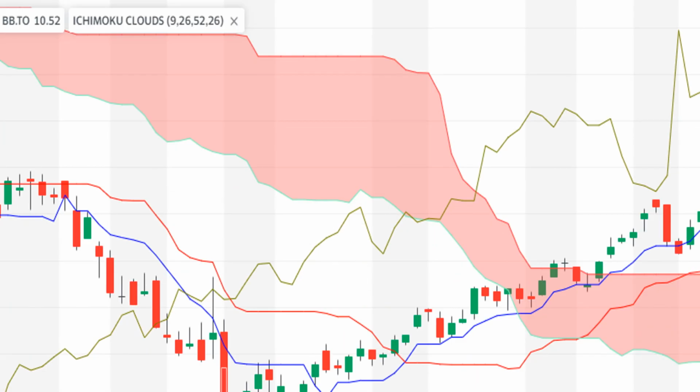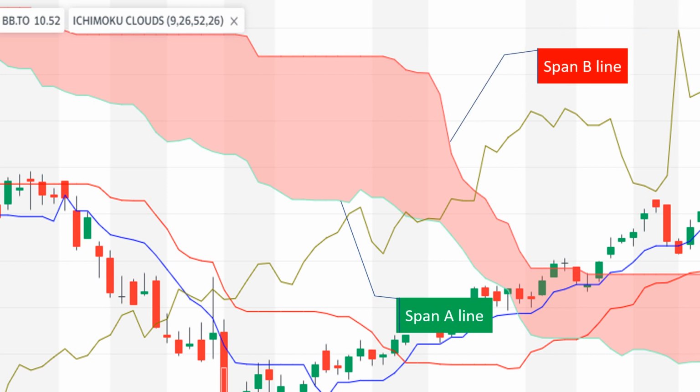The fourth and fifth elements of the Ichimoku indicator are leading span A, indicated with green color, and leading span B, indicated with red color. These two lines make the Ichimoku Cloud. Now, this is leading span A, that's the green color, that is leading span B, that is the red color, and both of them make this cloud.